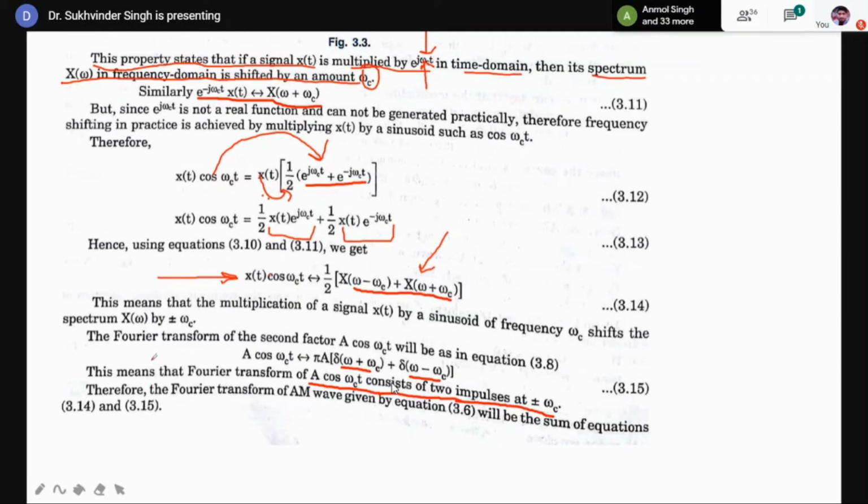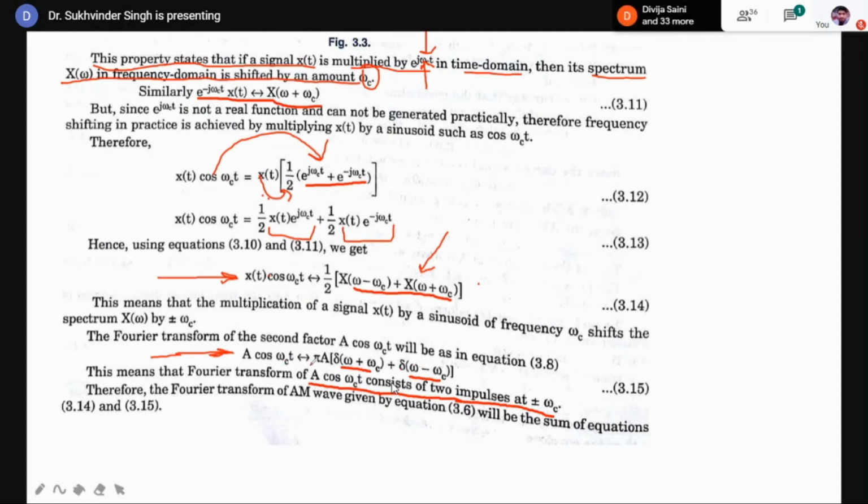Now the second expression is the carrier wave, and the carrier wave expression is equal to A cos omega_c t. So again this has to be converted in the same pattern as equation 3.14, which is for the modulating signal, and this is equation 3.15 for the carrier signal.